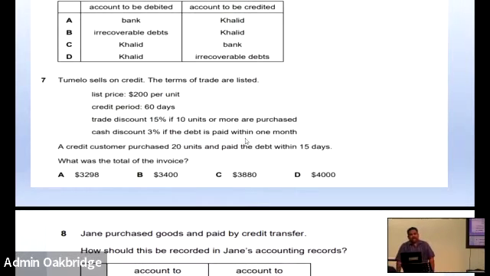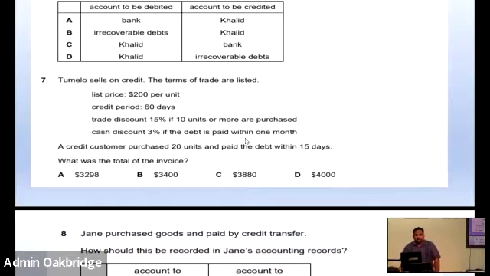And cash discount 3% if the debt is paid within 1 month. 1 month means how many days? 30 days. Correct? Now, a credit customer purchased 20 units.